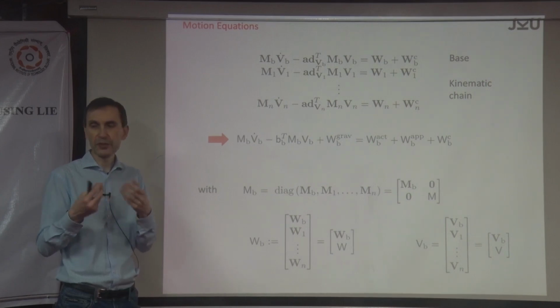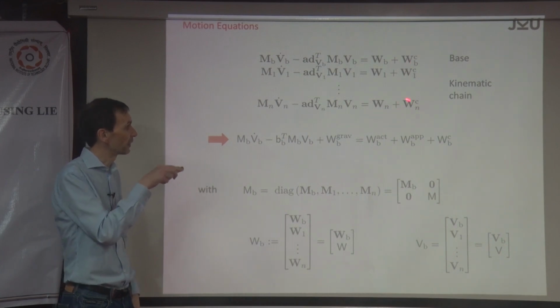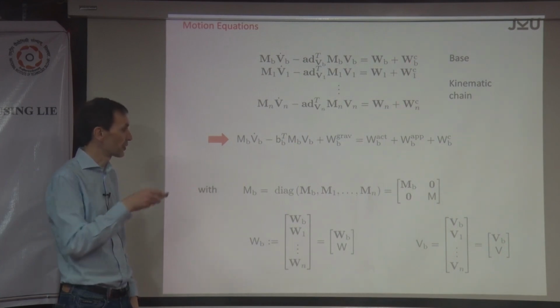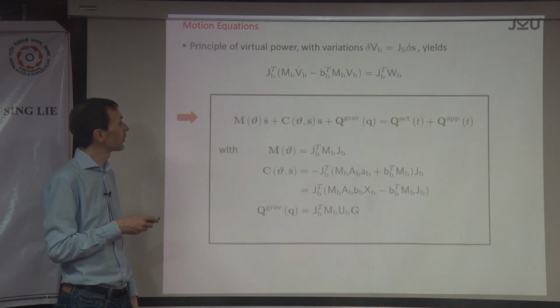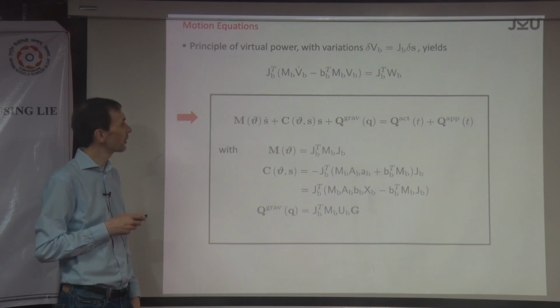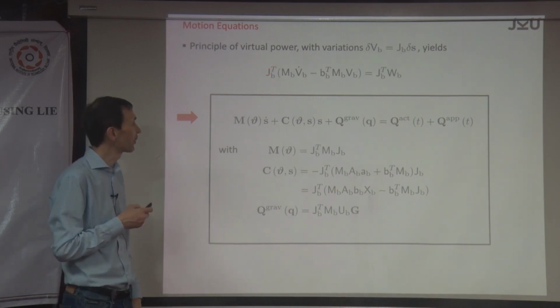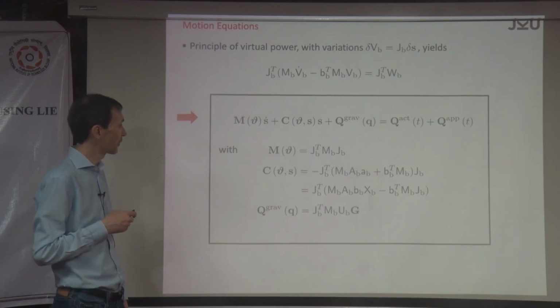These joint constraint forces and torques. And of course we have to include them in this equation. The good thing with this principle of virtual power is that they drop out, and what is left is this equation. So you only have to, again, pre-multiply with the Jacobian transpose, and then you get eventually the motion equation.